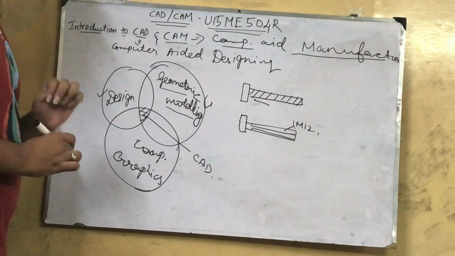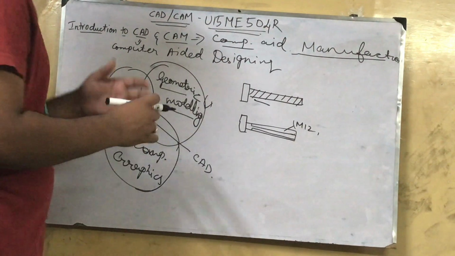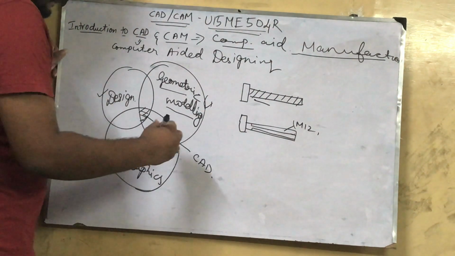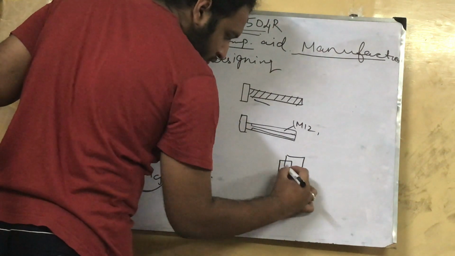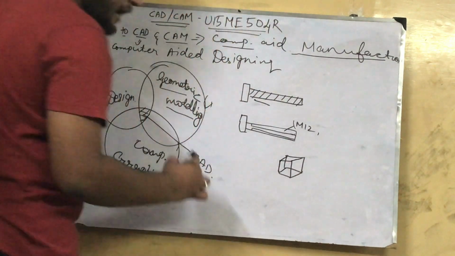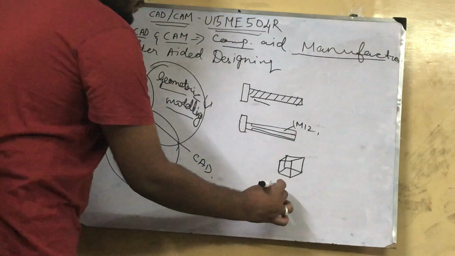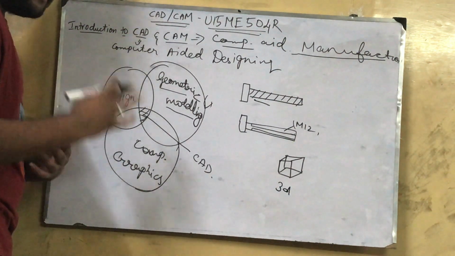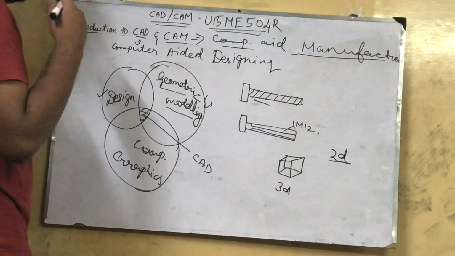In the design, a normal 3-dimensional view or a 2-dimensional view represents the entire structure and entire part. For example, we'll have a cube. The representation of this cube is in 3-dimensional view. If I need to make a design in 2D, it should be understandable by everyone.